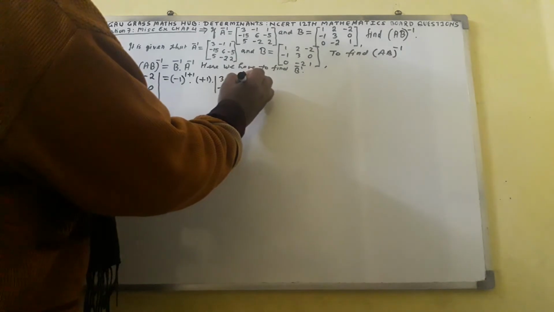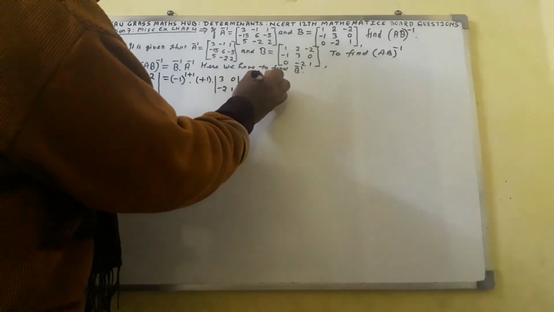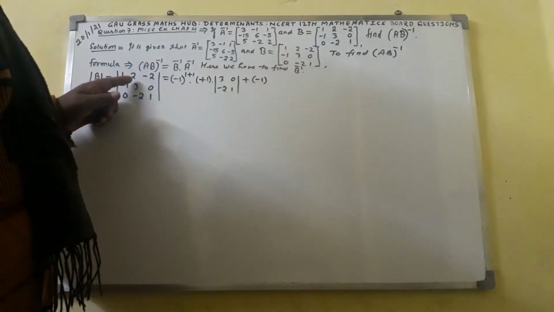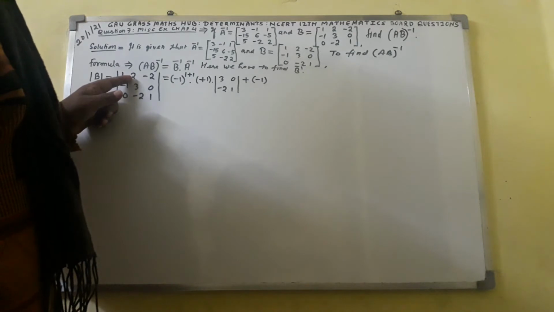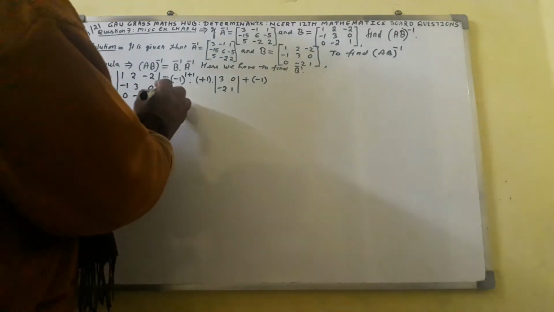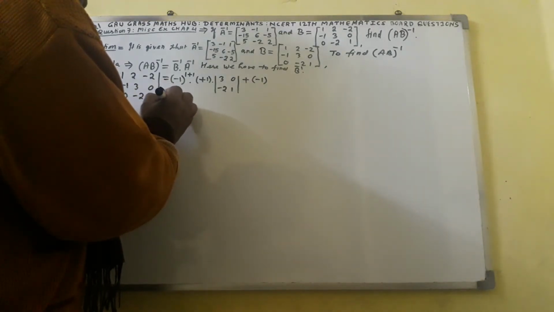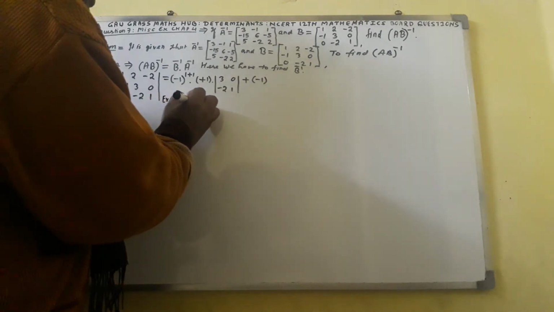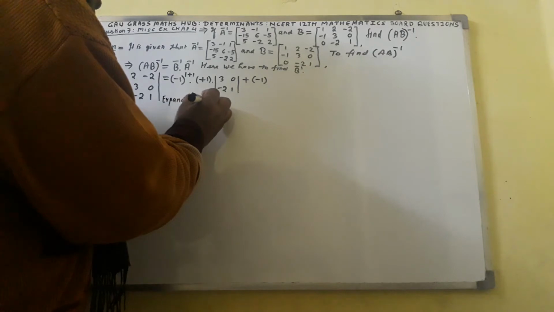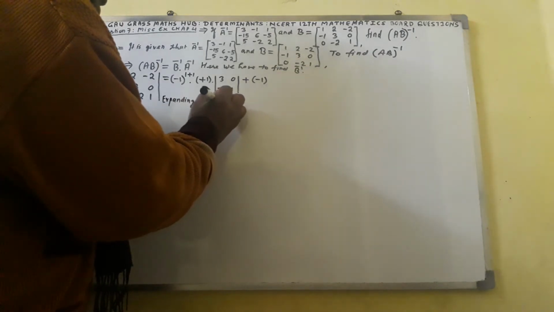Here write plus -1 raised to the power. This determinant is going to be expanded along first row, so here I can write expanding along R1.